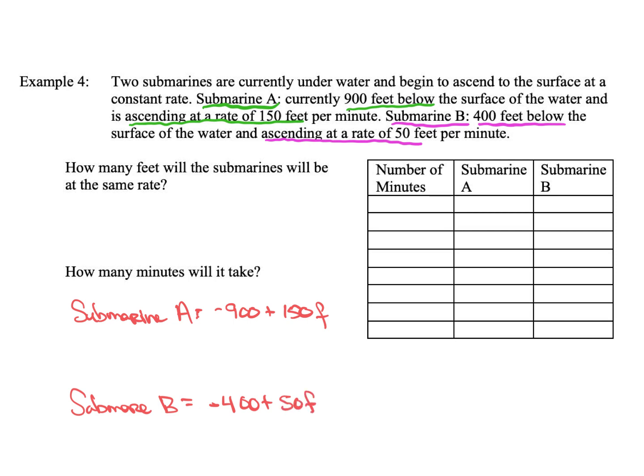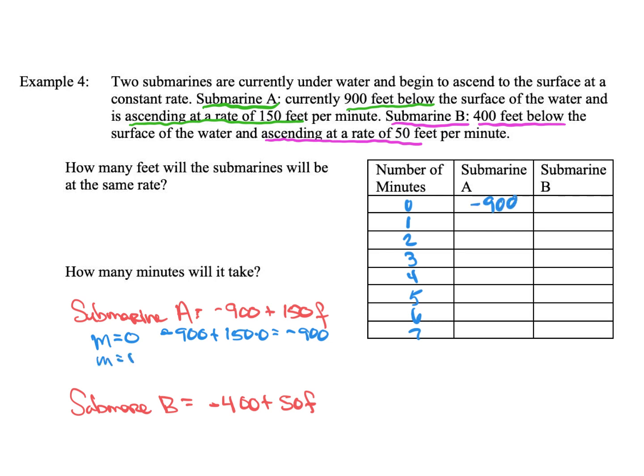So we are talking about minutes. So at minute 0, where is submarine A? So that's negative 900 plus 150 times 0. That's negative 900. So at 0 minutes, submarine A is still at 900 feet below sea level.